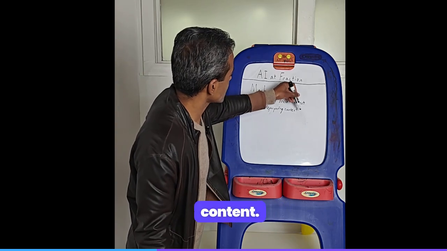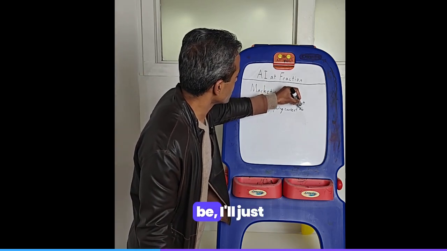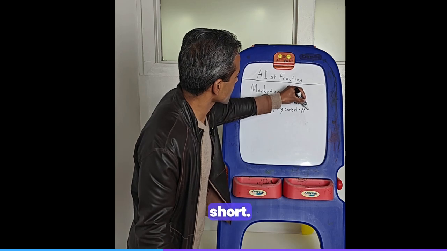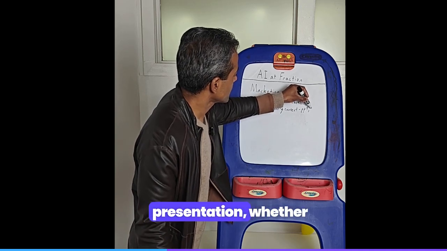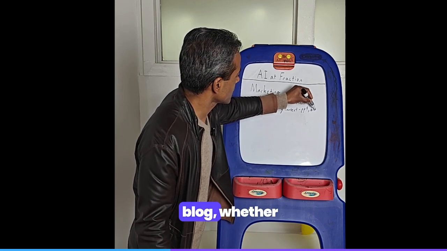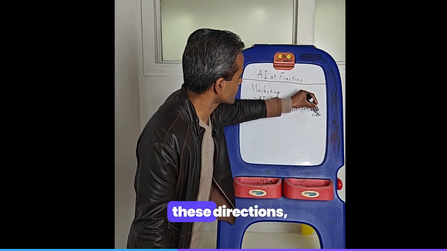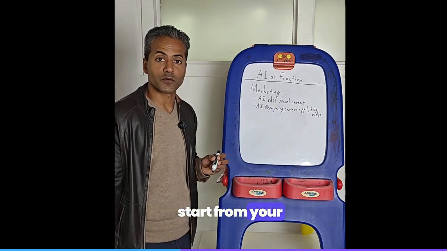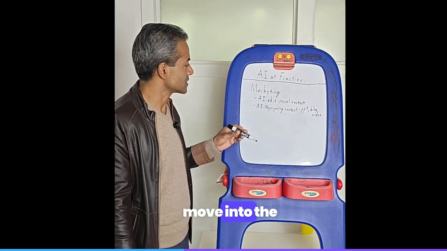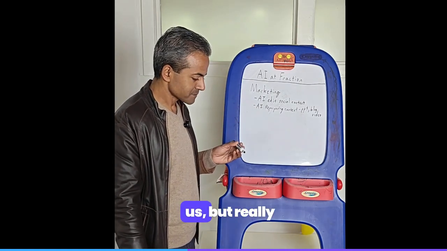So repurposing content, and that would be, I'll just say PPT for short. So whether it's presentation, whether it's blog, whether it's video, and honestly, you can go in any of these directions. Start from your preferred format and then move into the others. So that's a big one for us.